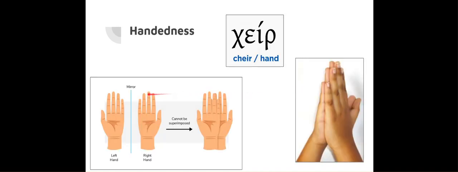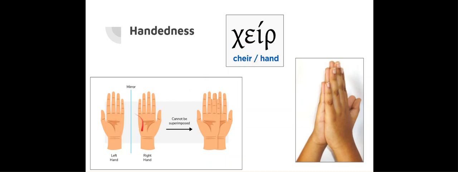So I'll run through this, but if you've already done it, this will probably be a little bit of review for you. Chirality describes a molecule or an ion that cannot be superimposed on its mirror image. The way to think about this, chirality literally comes from the Greek word for hand. Cher means hand. I had to put this in here because I love languages.